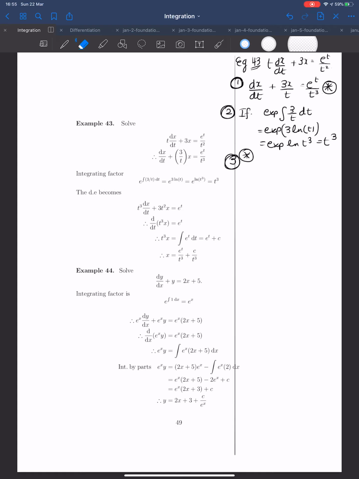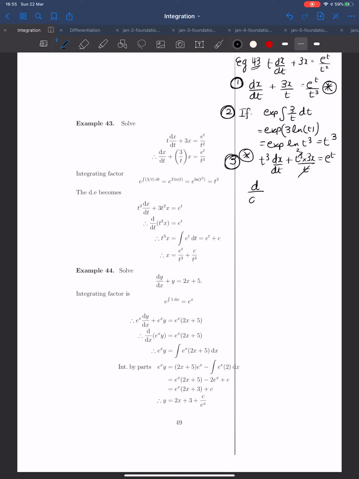So it's t cubed dx dt plus t cubed times 3x over t equals e to the t. And then we're dividing by t cubed and multiplying by t cubed, so that's going to cancel out, and that cancels down to a t squared.